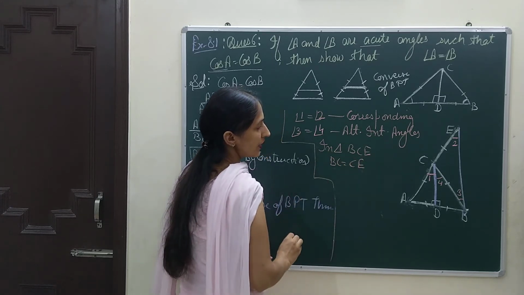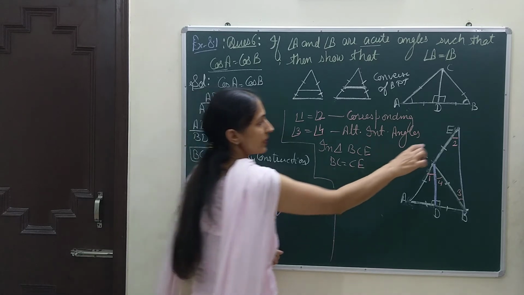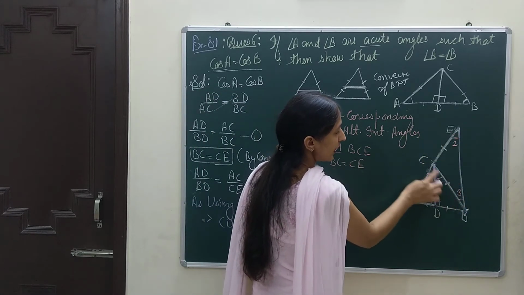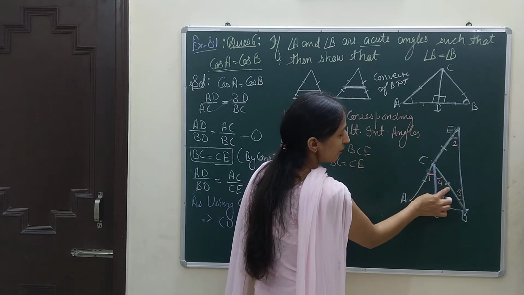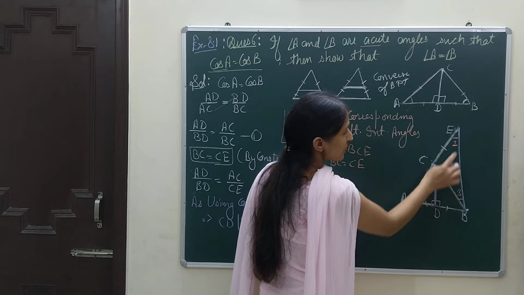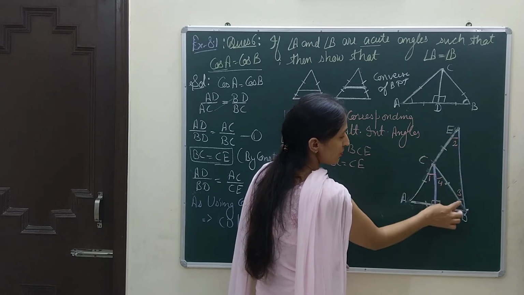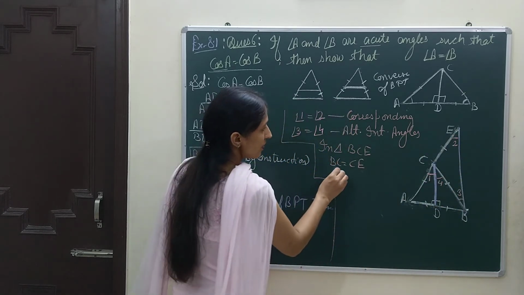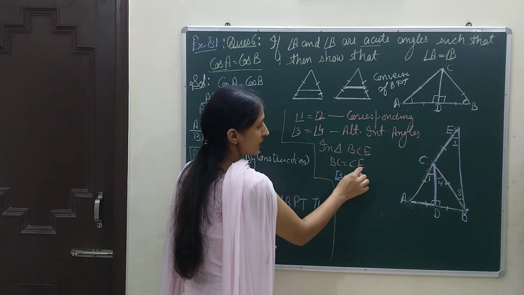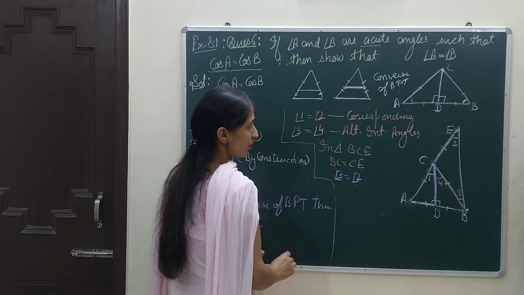If two sides are equal, then the opposite angles must also be equal. These are two equal sides, and the angles which are opposite to equal sides, this side is having opposite angle 2 and this side is having opposite angle 3. That means we will get angle 3 is equal to angle 2. If two sides are equal, then their opposite angles must also be equal.